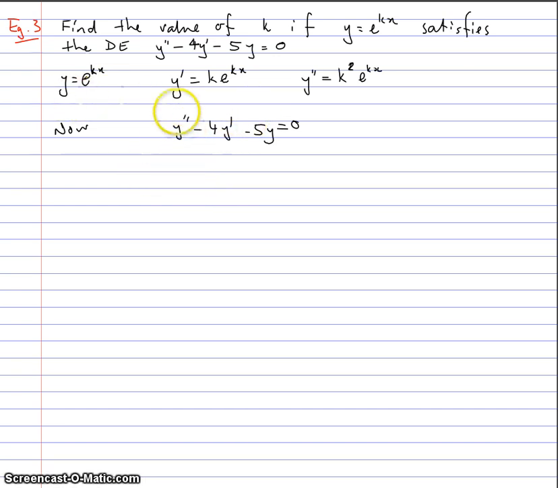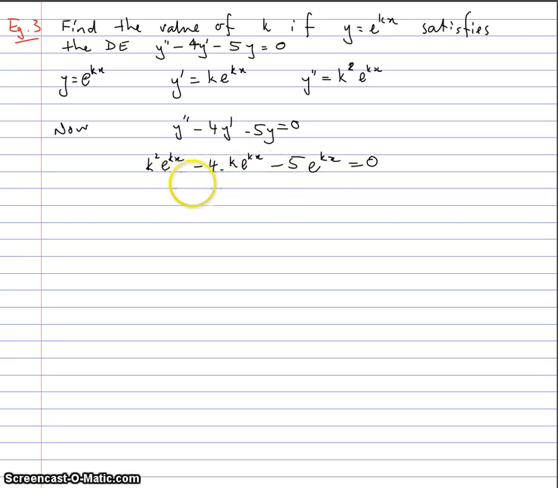Let's substitute in. We have an expression for y double dash, that is k squared e to the kx, minus 4 times y dash, which is k e to the kx, minus 5 times y, which is e to the kx, equals 0.